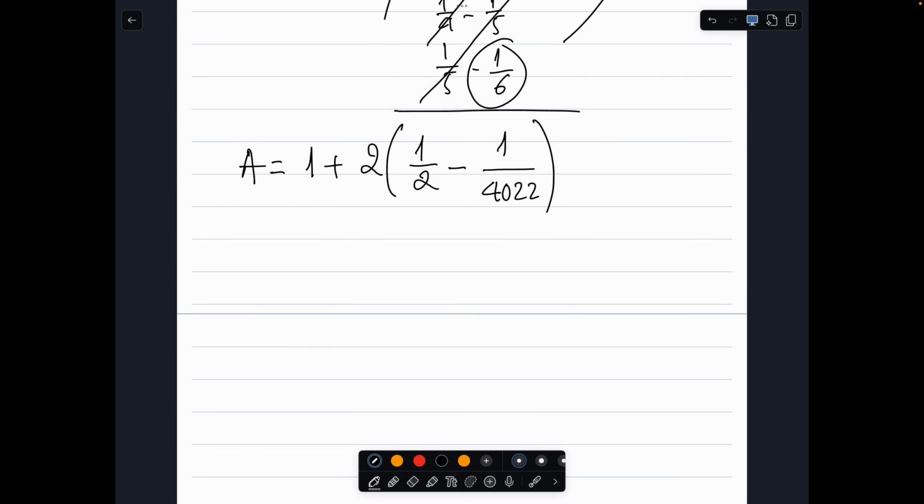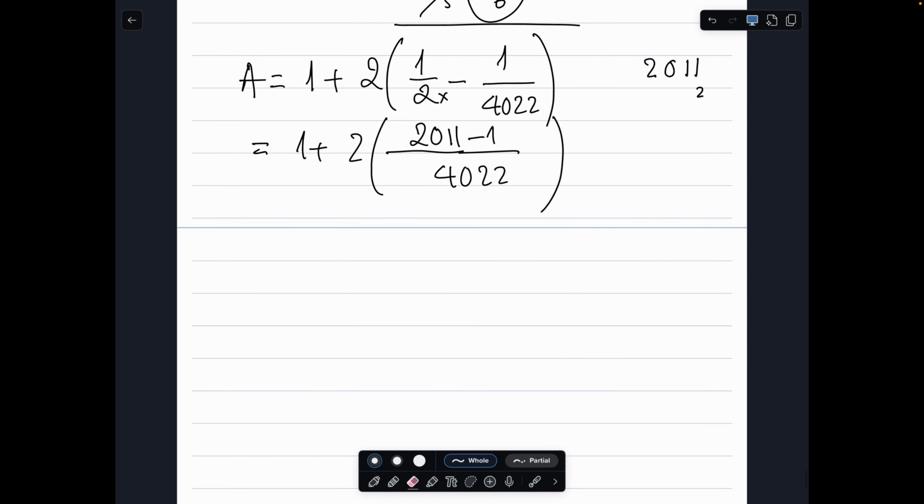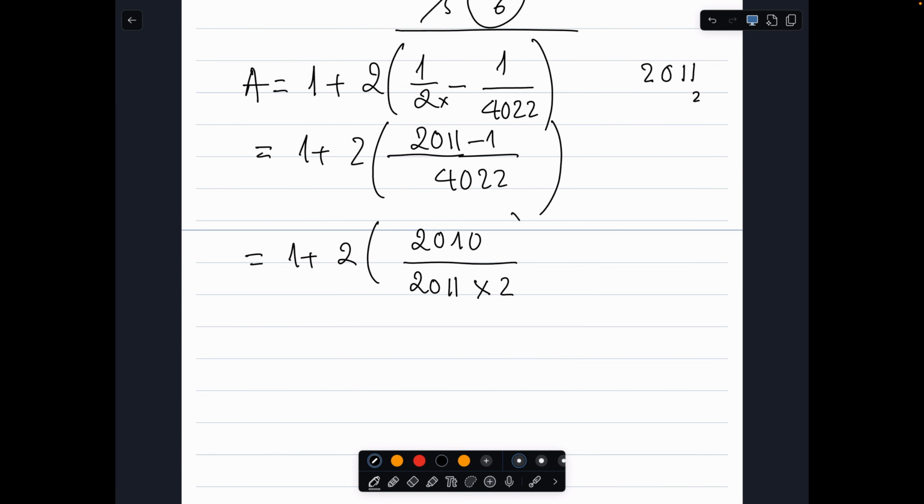Okay, so this is what I have to do. I have to multiply this by 2022, and then minus 1, 1 plus 2, this is 2010, and then this is 2011 times 2.